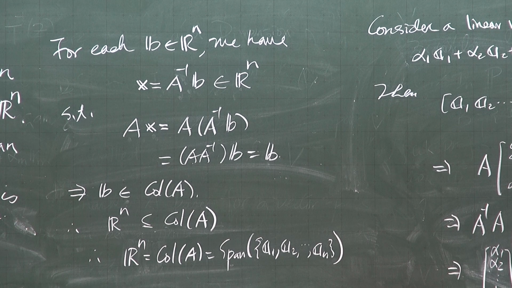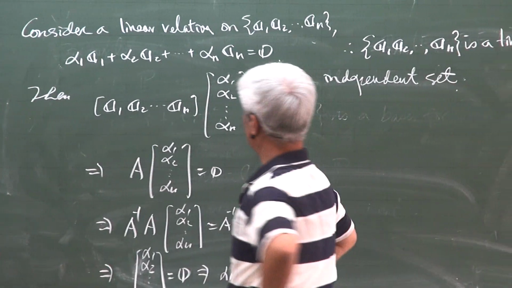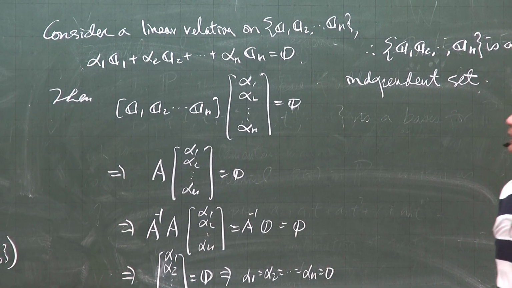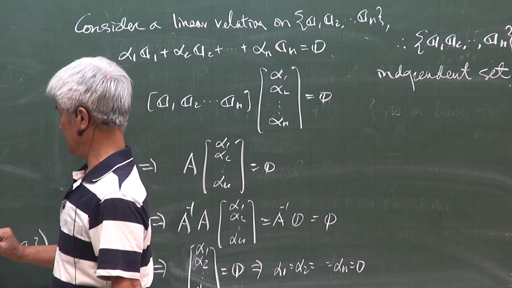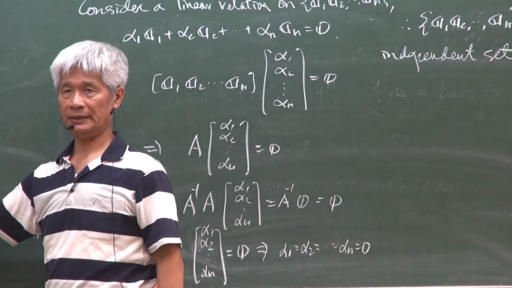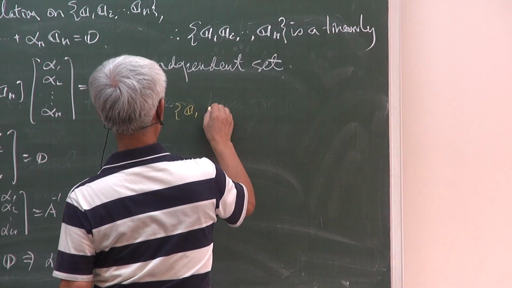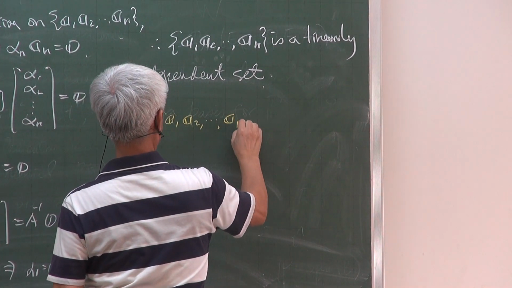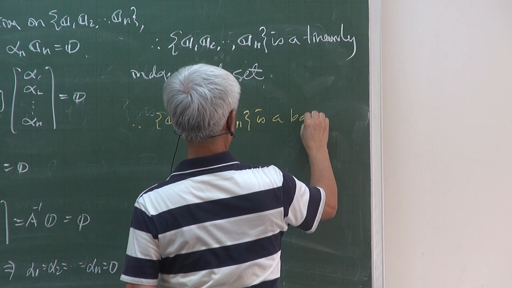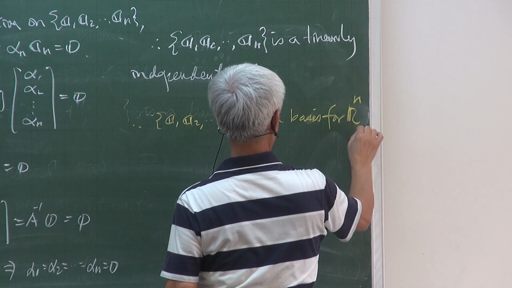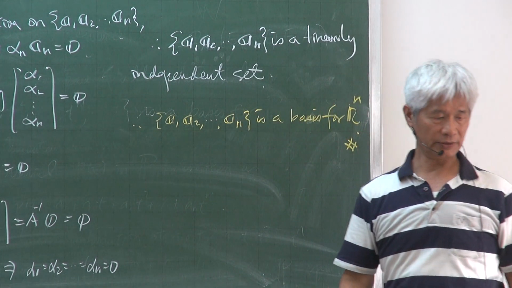So it's a linearly independent set. We have shown that the set of all columns is linearly independent, and we already showed that this set spans the whole vector space Rⁿ. So the conclusion is that A1, A2, up to An is a basis for Rⁿ. This finishes the proof.